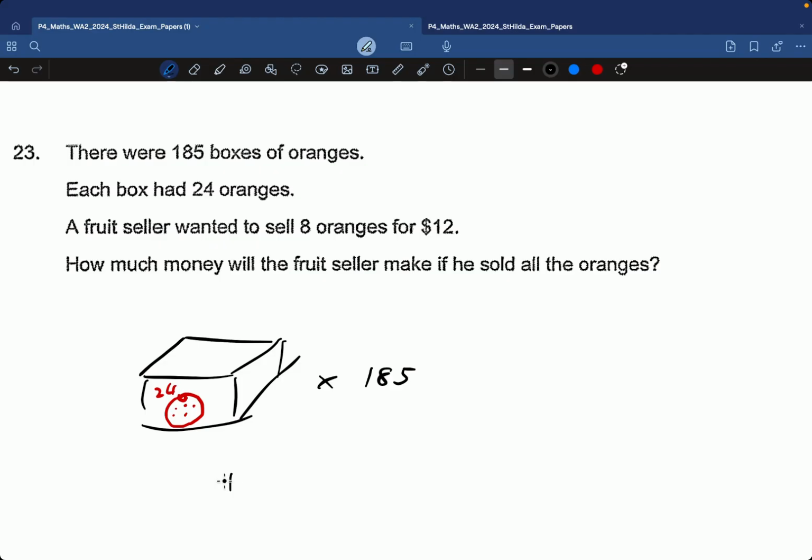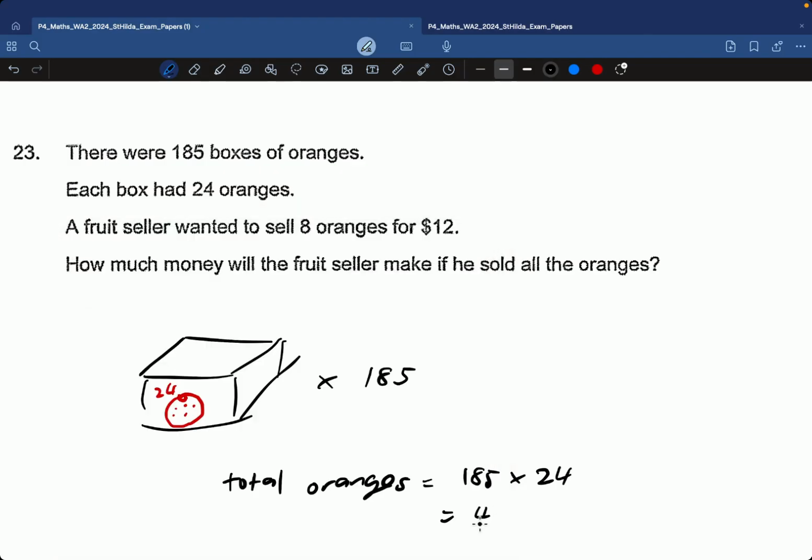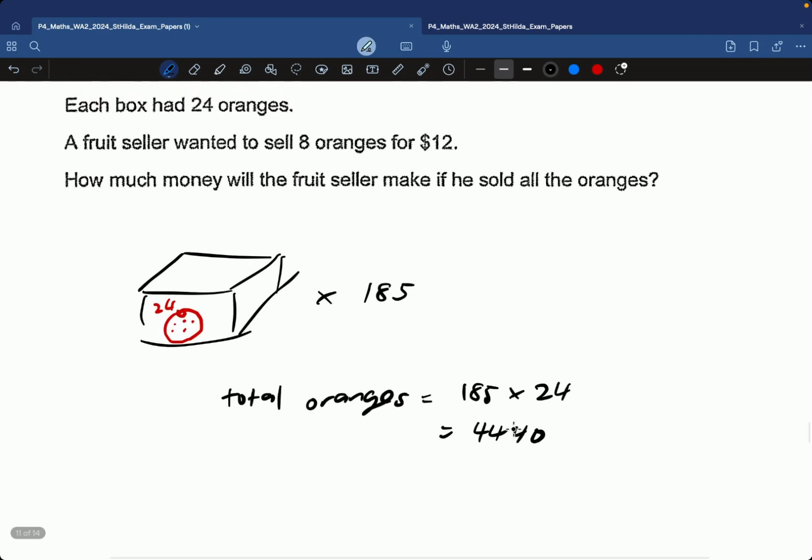So total oranges is equal to 185 boxes times 24, right? So I'll just use the calculator. 185 times 24. It will be 4,440.